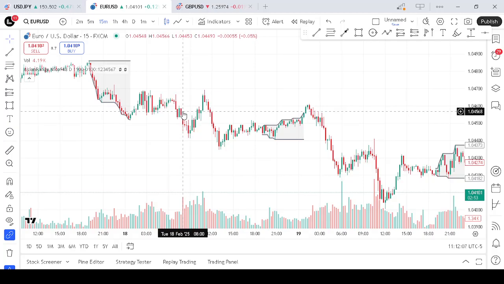The strategy actually performs best on major pairs, particularly the pairs involving the US dollar. The EUR/USD, GBP/USD, and the USD/JPY are prime candidates because they all experience significant volume during this period.